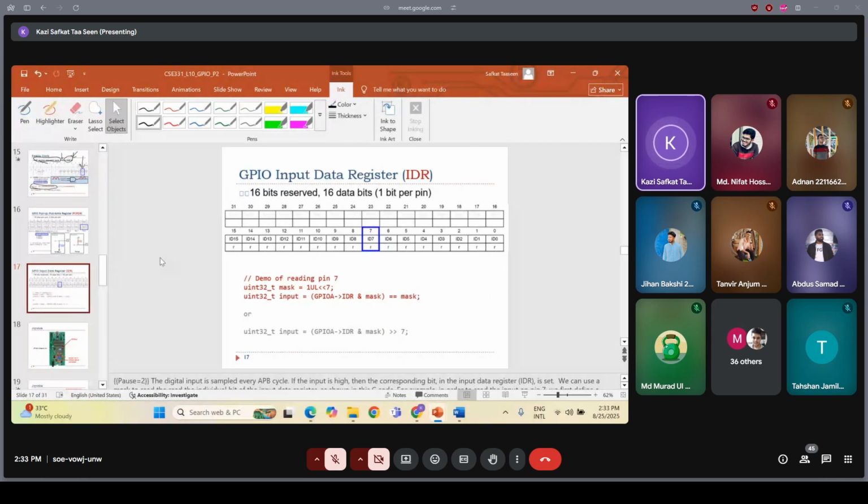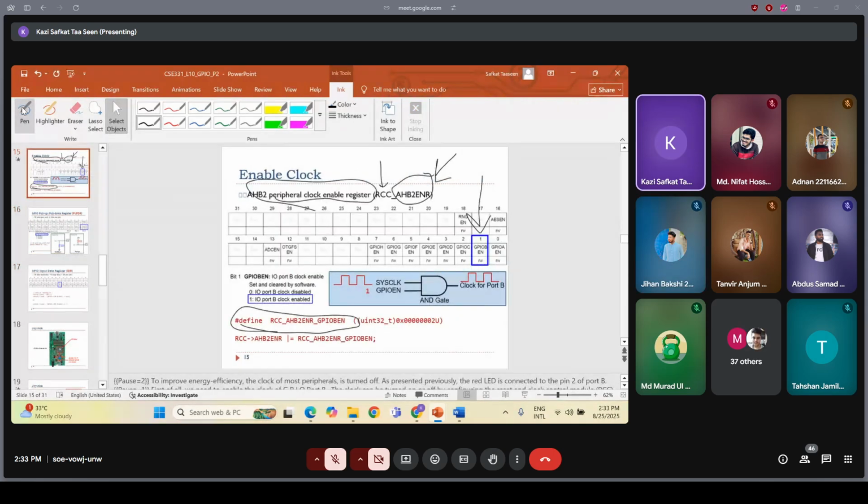Of course you would need the IDR because the IDR contains the input values, the values of the signals that enter the input pin. So that's important: IDR, PUPDR, and the clock enable register. You would want to see the internals and how they function.